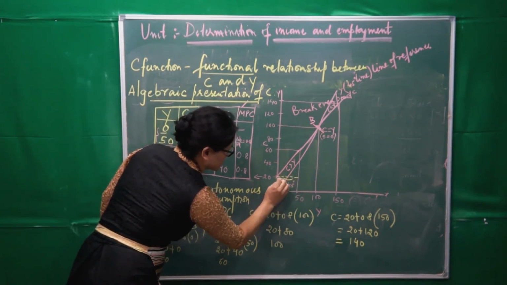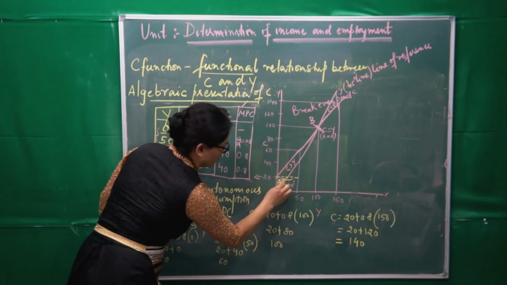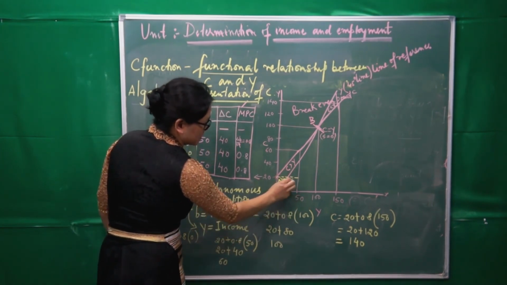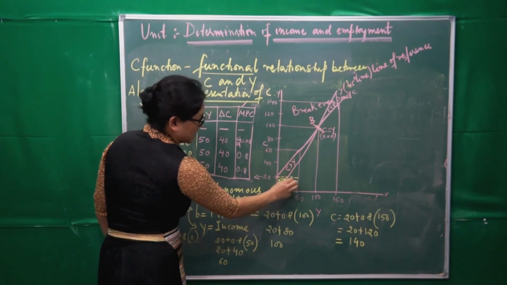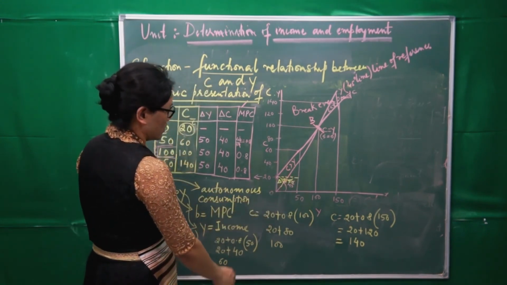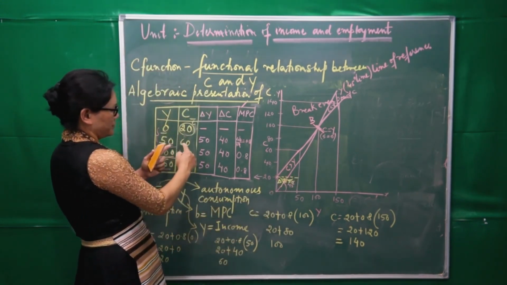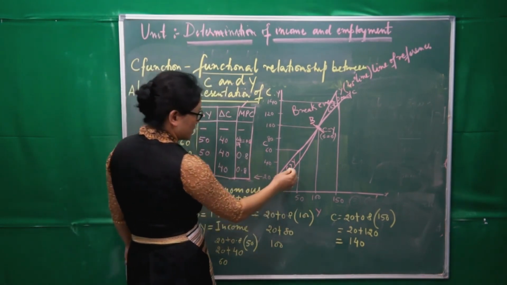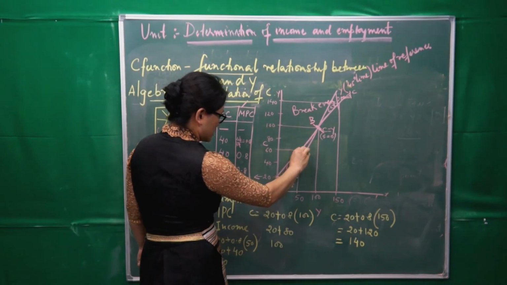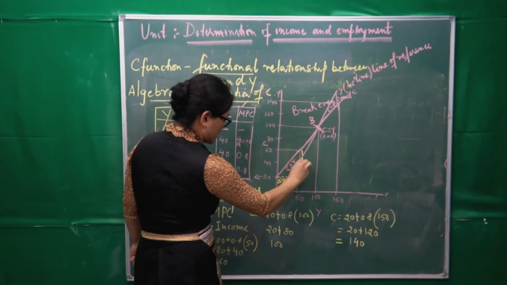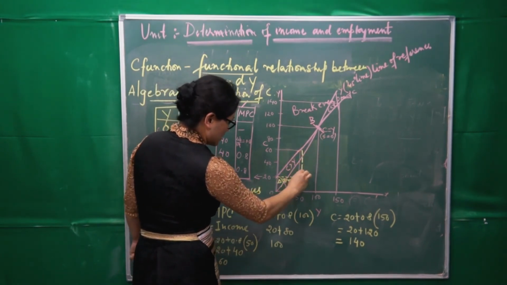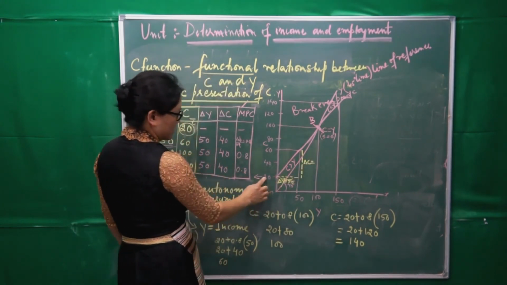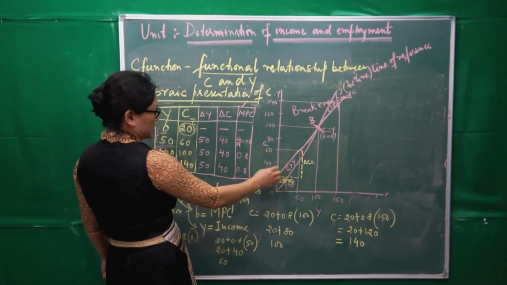This is change in Y, which is 50. Then we have to show change in C here. Change in C is how much? 40.